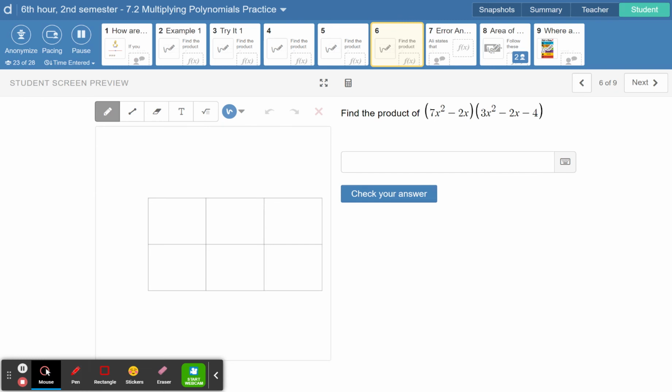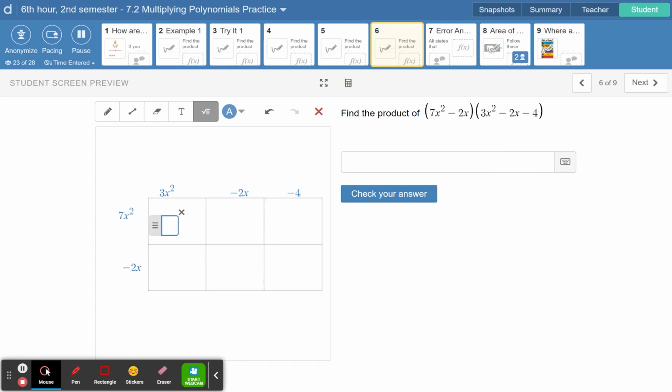All right, so now we have the binomial. So this is like slide 2 and 3. It just now has an exponent, which honestly is no big deal. Don't forget that it's a negative 2x, and don't forget that it's a negative 4.